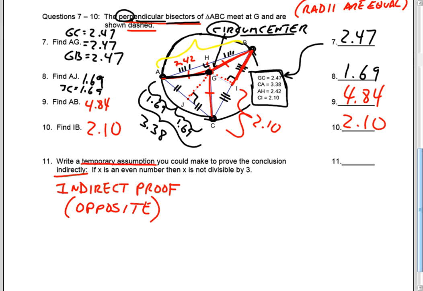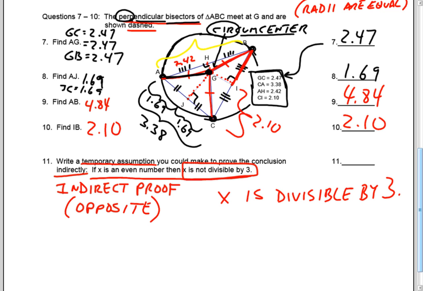If it's phrased in an if-then statement like this, this is the part I want to make opposite. I want the conclusion to be directly opposite that. So my temporary assumption would be x is divisible by 3.